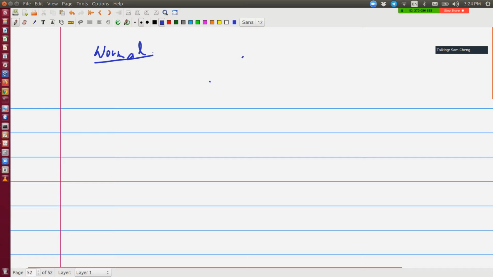Just recall that for the multivariate normal, the PDF has a form like this, with mean mu and covariance sigma. This is the notation I'm going to use.